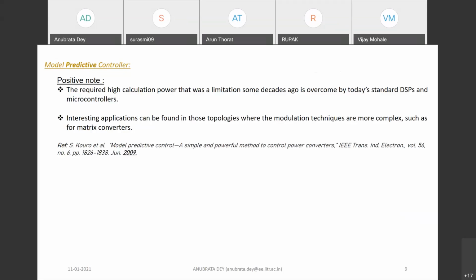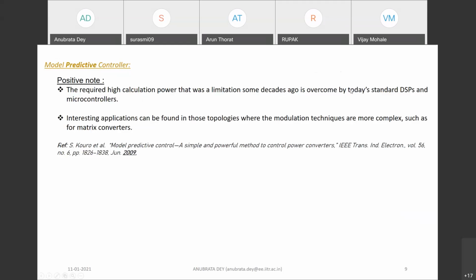So if you give some input at the kth instant, what will be the output at the k plus 1 instant? If you know the equations, you can easily find that out in a discrete manner. The positive note of this model predictive controller is that it requires high calculation power, and that was earlier limited by microcontroller limitations.